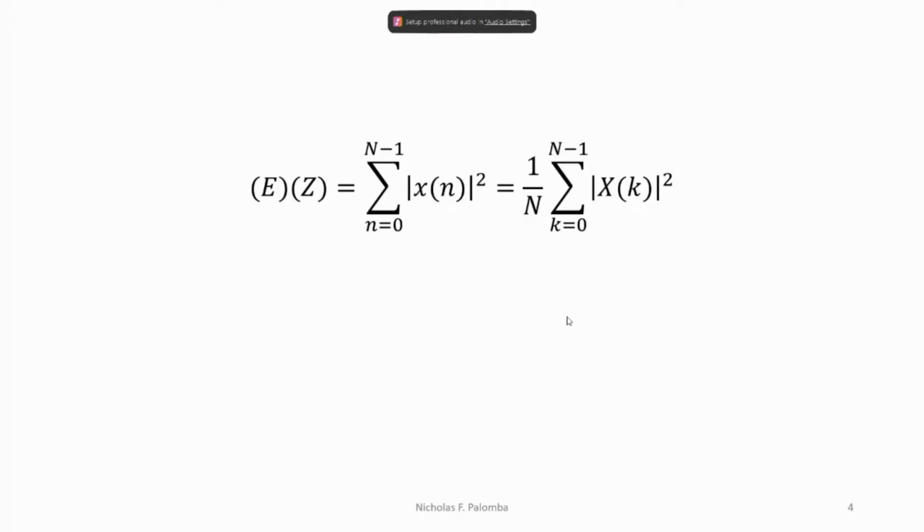In the equation shown here, which is Parseval's theorem, E represents the conventional notion of energy, and Z represents the magnitude of the load being driven by the signal in appropriate units. So for example, if x[n] represents the voltage of an electrical signal propagating across a transmission line, then Z would here represent the characteristic impedance in ohms of the transmission line. So the resulting energy calculated by this equation would then be in joules.